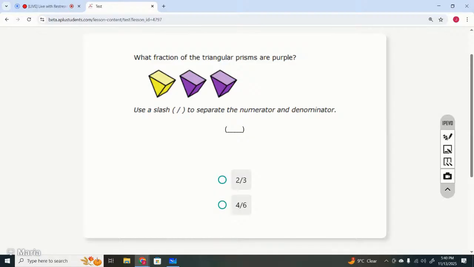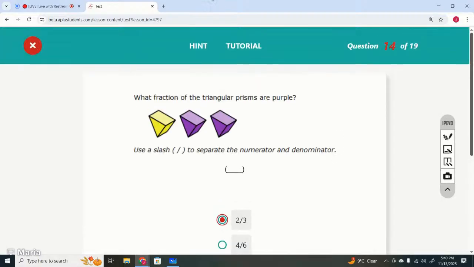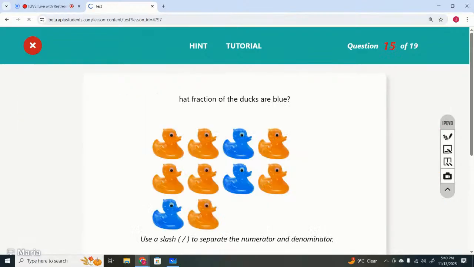What fraction of the triangular prisms are blue? So, which is the correct option? Two-thirds of them are blue. Okay, you can complete the lesson by yourself later today.